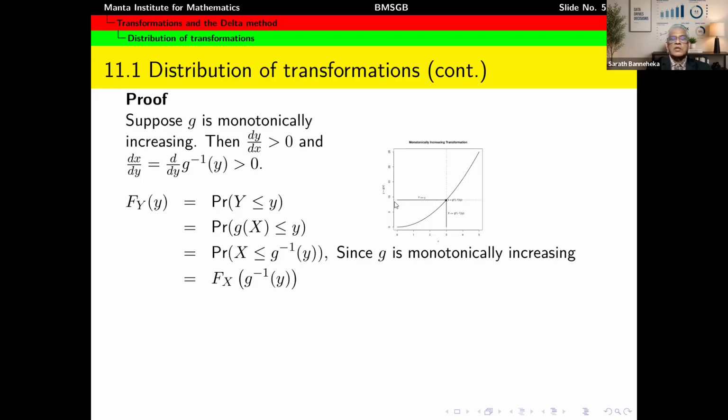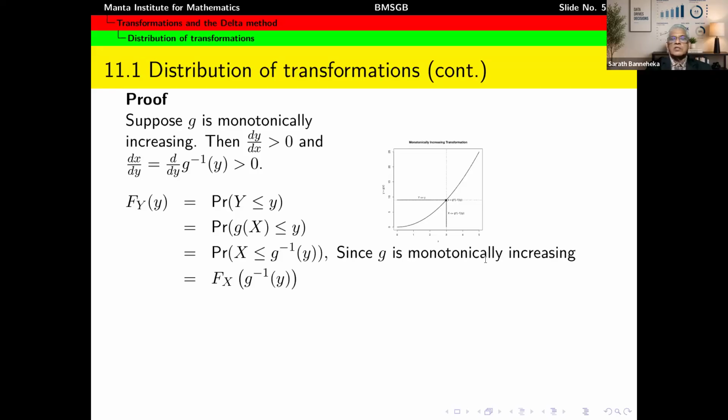If this is y, then this will be g inverse y. So you can see that g(x) is less than or equal to y, that is this curve here, when x is less than or equal to g inverse y.